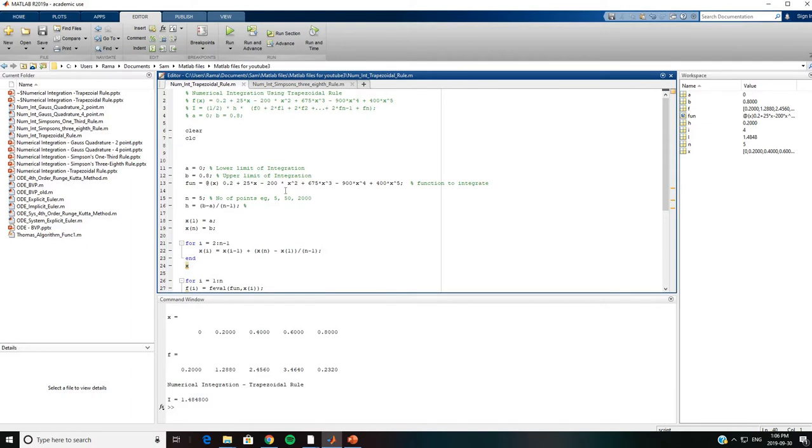So this is the MATLAB code for the trapezoidal rule. The function f of x is given over here, and our general rule is given here as I equals half times h times f0 plus 2f1 and so on. Our limits are a equals 0 and b equals 0.8.